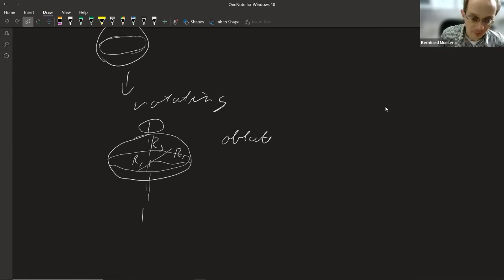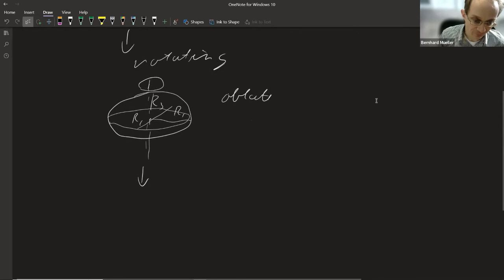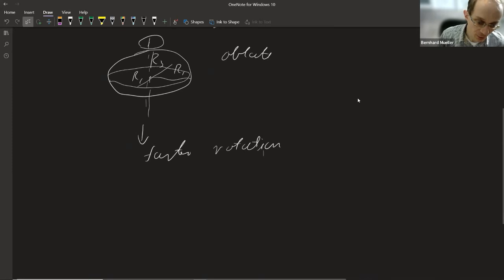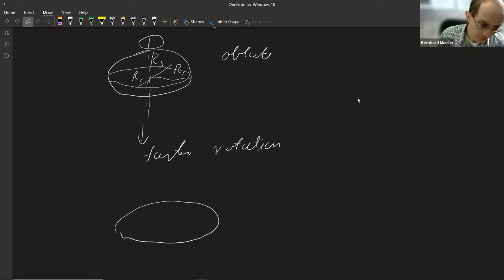But if rotation is fast enough, then already for a homogeneous self-gravitating fluid, you can show that the actual configuration that will be preferred energetically is a cigar-shaped true ellipsoid.